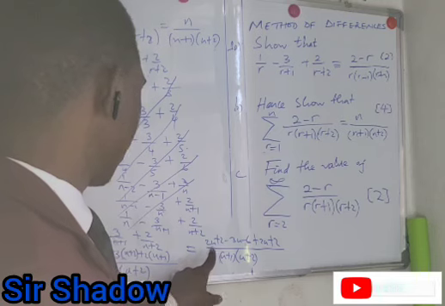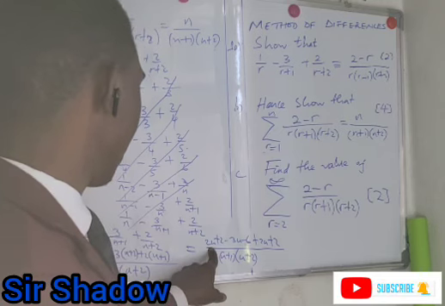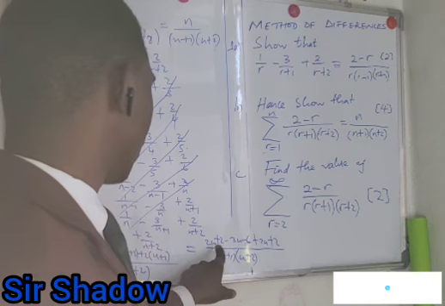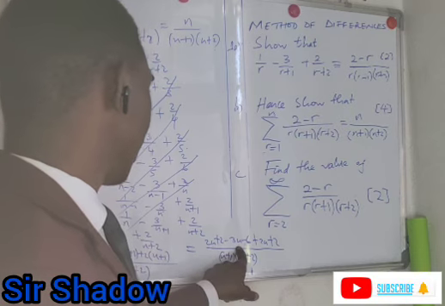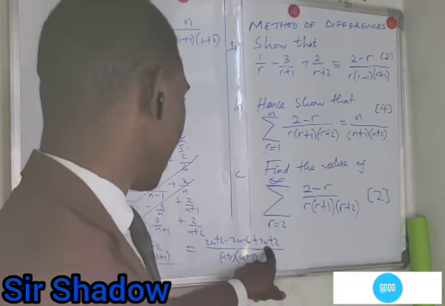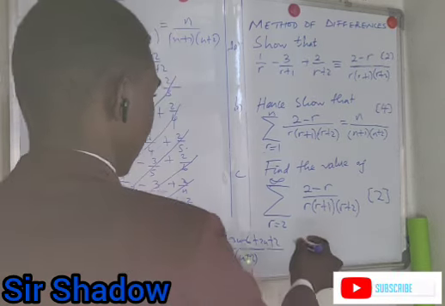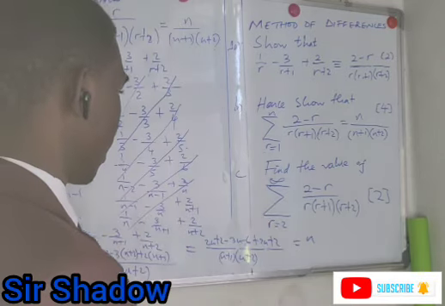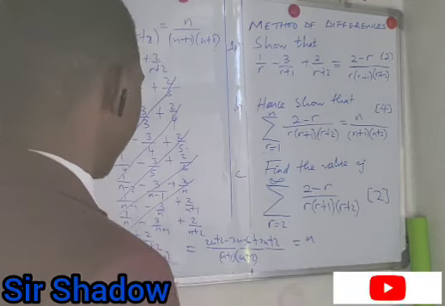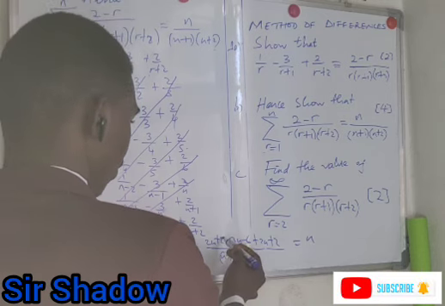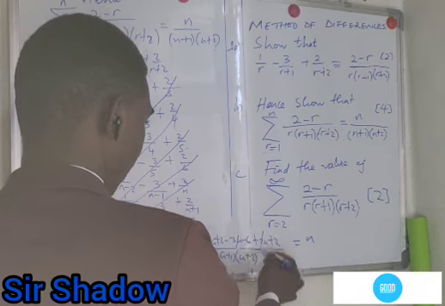Simplifying this one, 2n minus 3n becomes minus n, plus 2n, which is n, right? So this is n. Then this one gives us n.